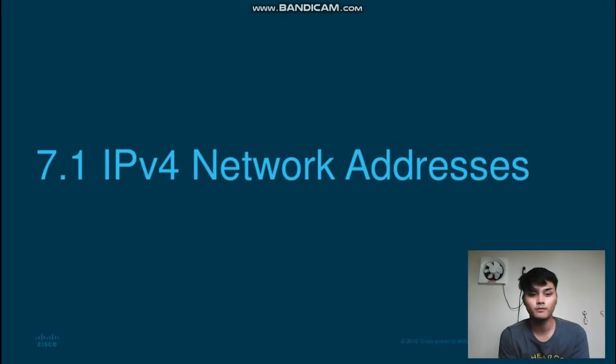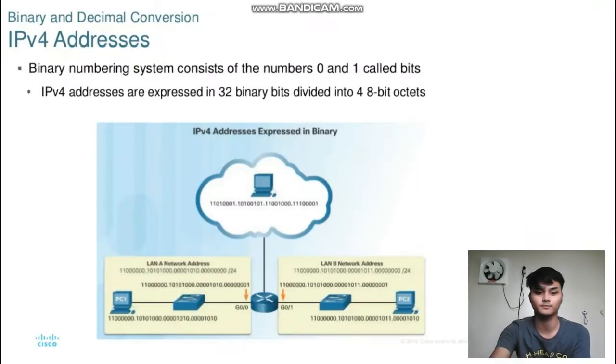So, IPv4 network addresses. The binary numbering system consists of the numbers 0 and 1, called bits. IPv4 addresses are expressed in 32 binary bits divided into four 8-bit octets.